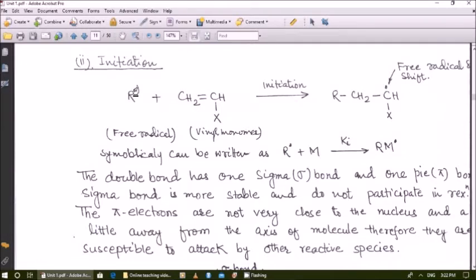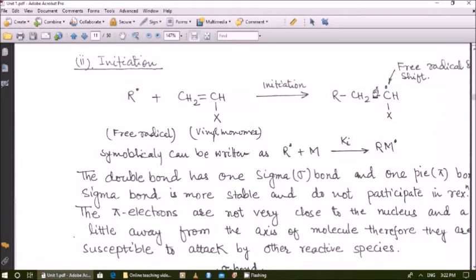You can see initially the free radical site was on the free radical itself, but when R reacts with the first monomer, the free radical site shifts onto the asymmetric carbon atom. Okay, why does it shift? Because R will take one electron to make one covalent bond here.